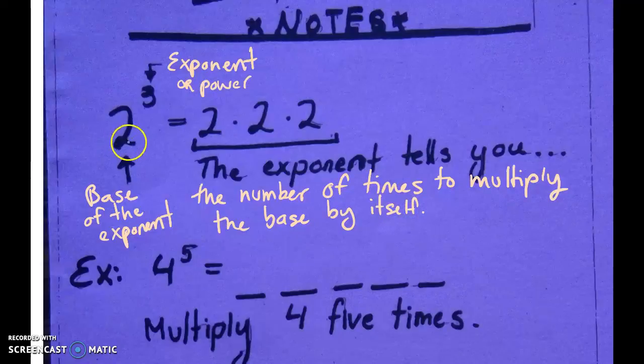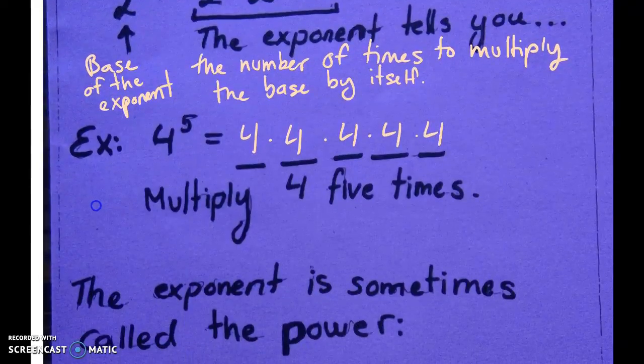So you're multiplying the base by the base, and this is the number of times you do that. In this case, 4 to the 5th power would then be 4 5 times. So we can fill that in. Multiply 4 5 times.